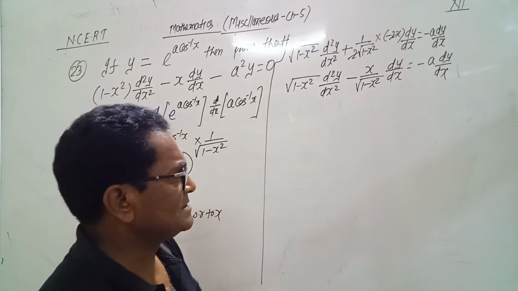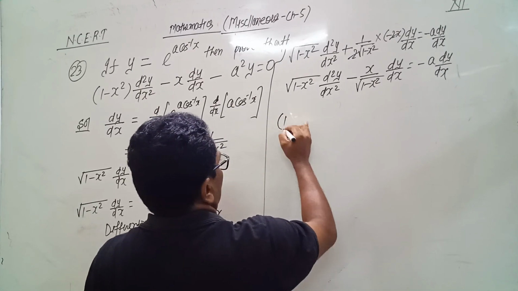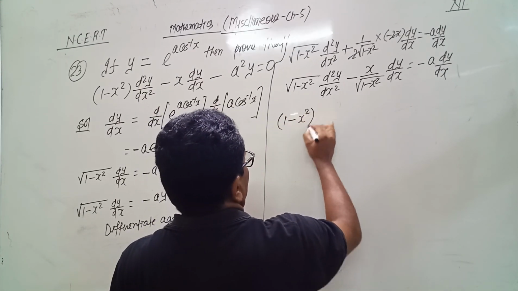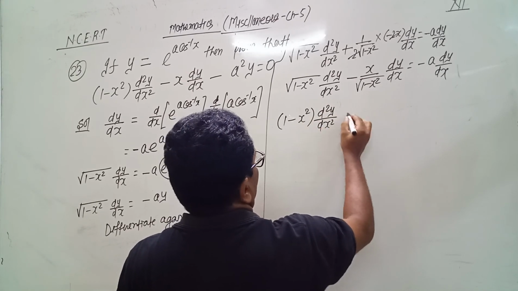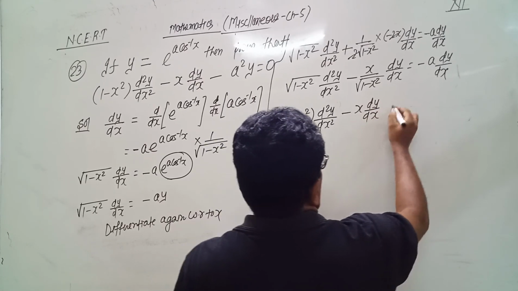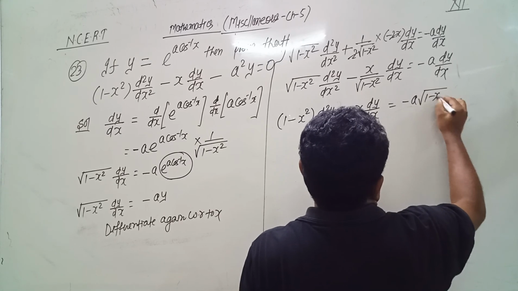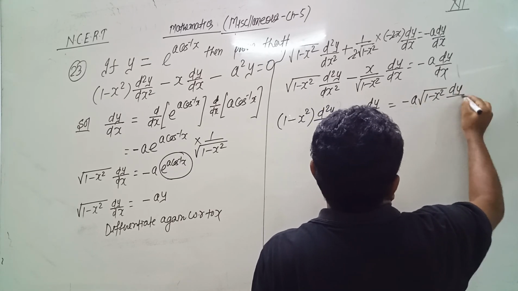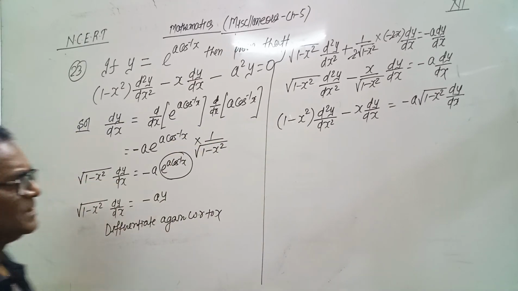By taking LCM, root 1 minus x square is the LCM. We get (1 minus x square) d2y/dx square minus x dy/dx equals minus a root 1 minus x square dy/dx. We have taken LCM and then done cross multiplication.